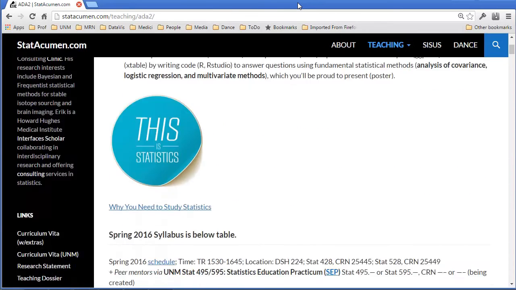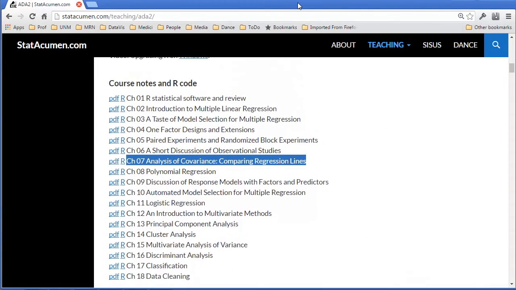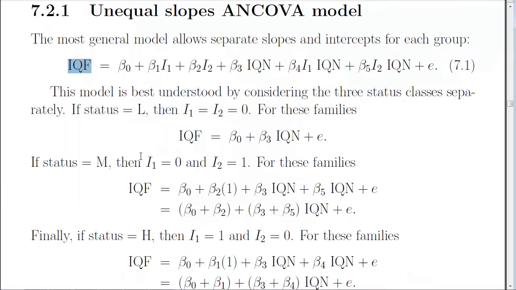So we'll scroll on down to Lecture Notes, Analysis of Covariance. In the last video, we were looking at a data set of twins who were separated at birth, one twin raised by their natural parents and one twin raised by foster parents, and comparing how the IQ of the naturally raised twin helps predict the foster raised twin's IQ relative to their social status, either low, medium, or high.